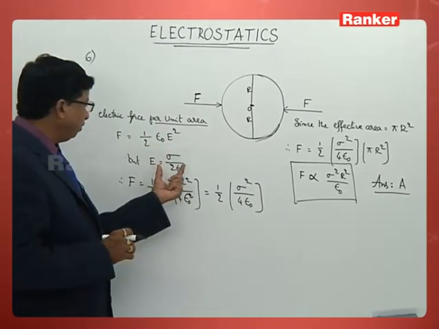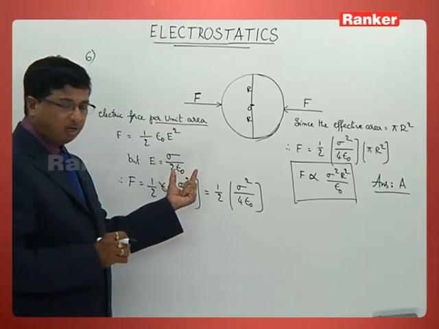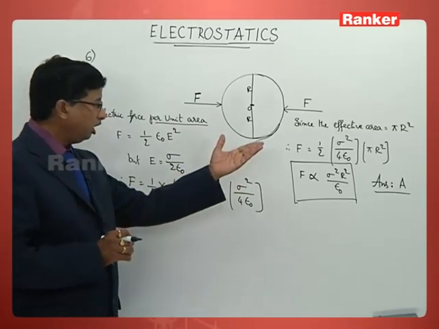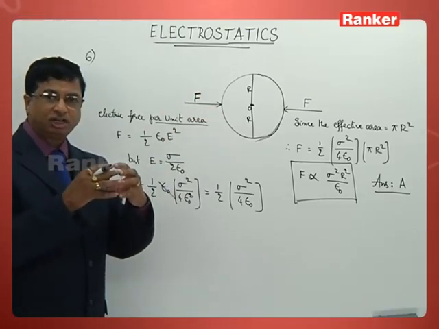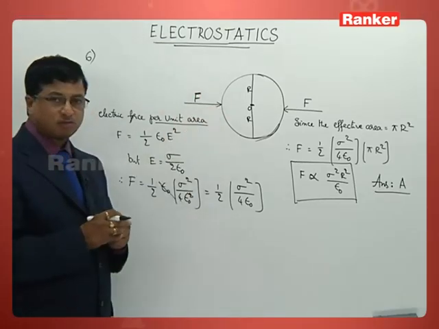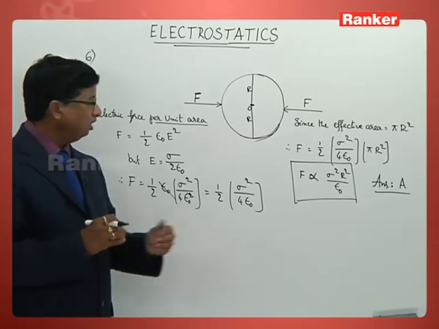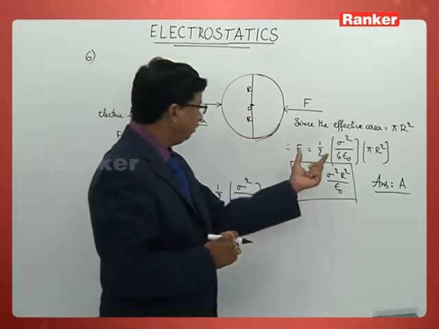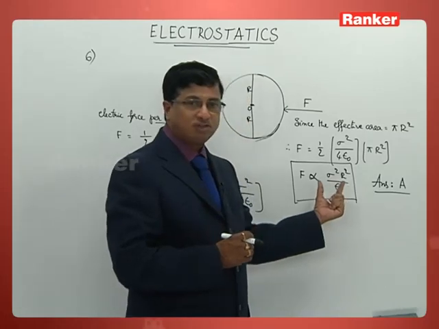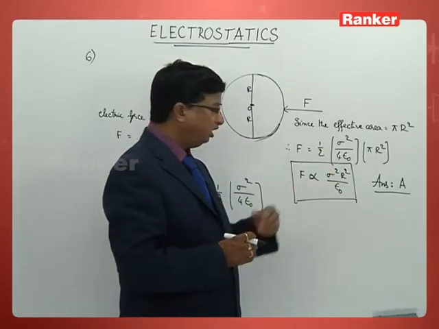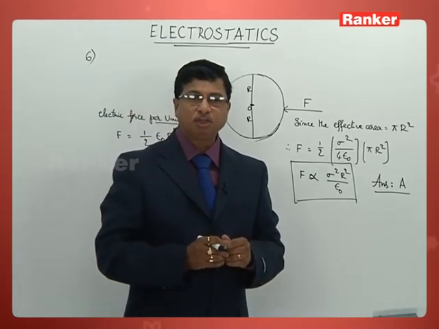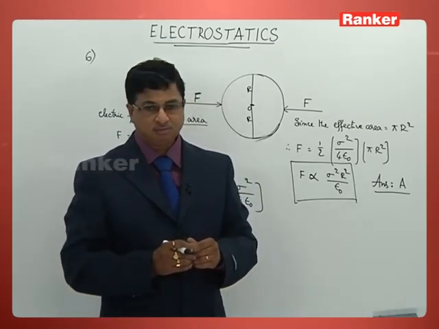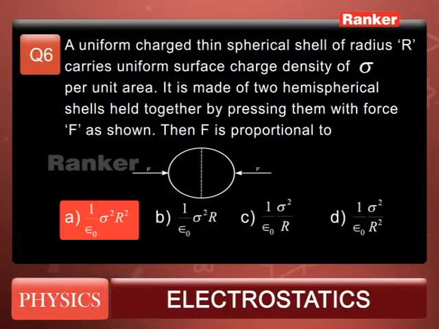And that E we have written in terms of sigma, and we have straight away taken the total effective area which is in contact over there, that is pi r square, since it is a circular one. Then for pi r square, what is the effective force? That's what we just want. So this is the idea of taking up this particular model problem, that is problem number 6. So the option for this one is A, that is question number 6 for us.